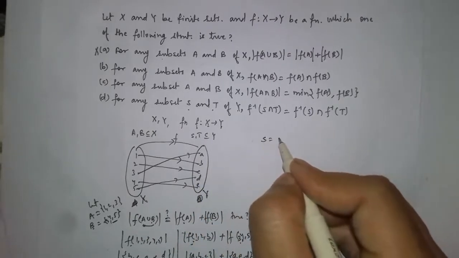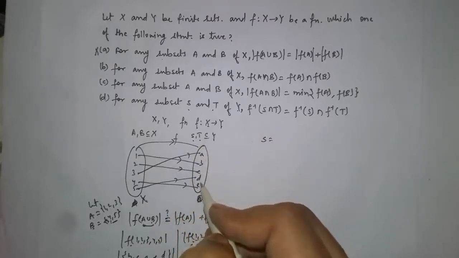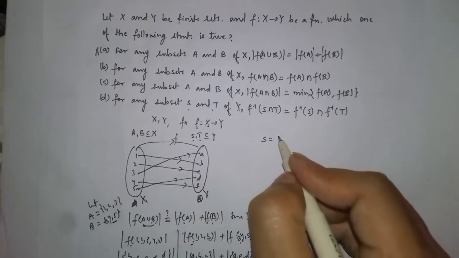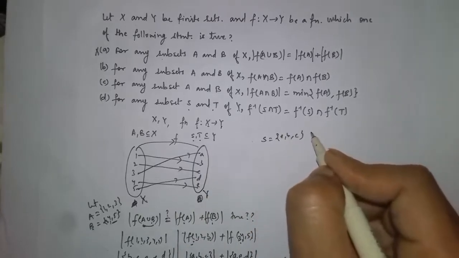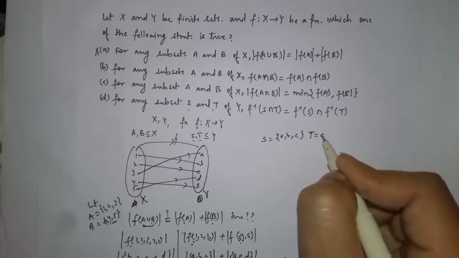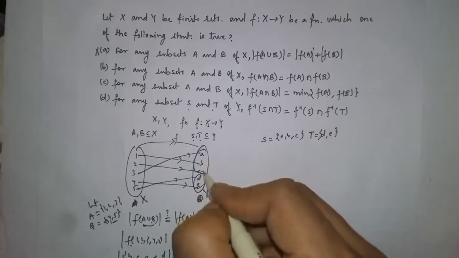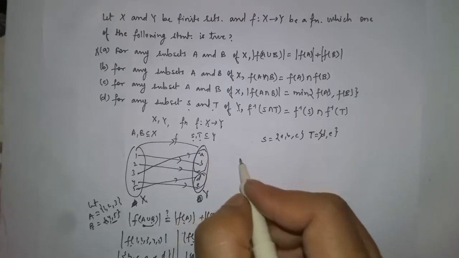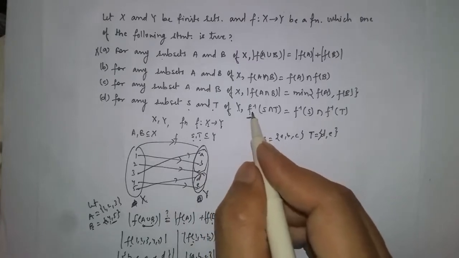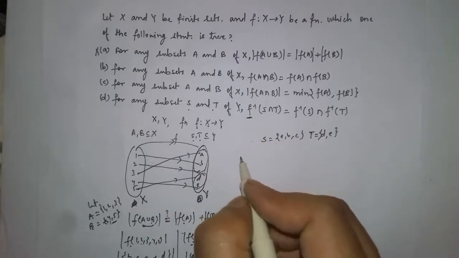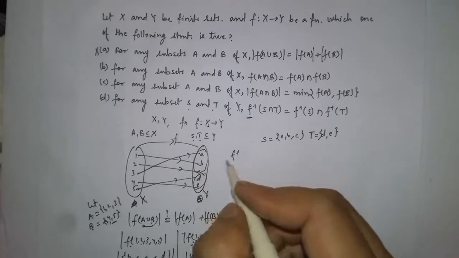S and T are subsets of Y, so I am taking S equal to {a, b, c} and T equal to {d, e}. Since it is calculating inverse, the function needs to be one-one and onto, and our function is satisfying both conditions.